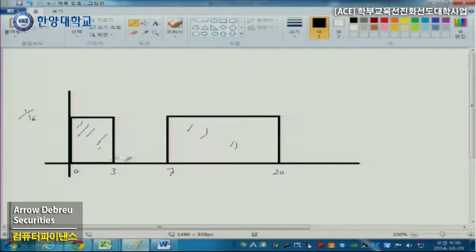But if it is just a flat line, then it would be easy, right? I can generate a random number and just multiply by 20. But I don't want to generate a random number between 3 to 7. I want to generate a random number between 0 to 3 and 7 to 20, but not this area, with equal chance. Then how can I do that? Any idea?